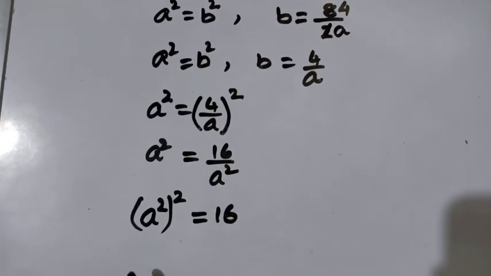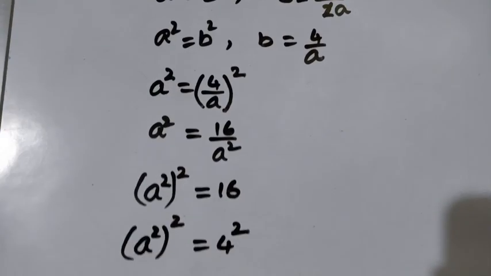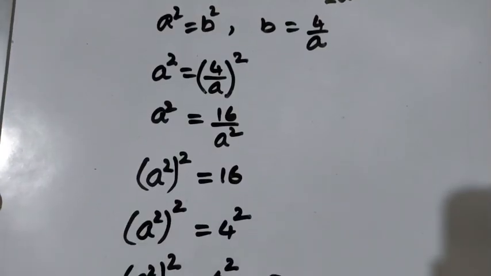So now this can be written as (a square) whole square is equal to 16, and this is 4 square. Writing all terms on one side, (a square) whole square minus 4 square is equal to 0.